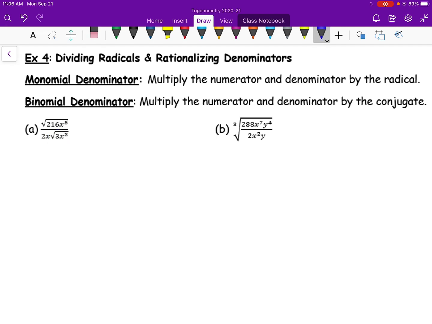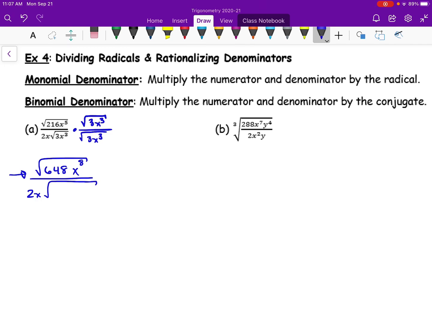So my radical, the problem radical, is the square root of 3x cubed. Going to multiply like we did in the previous example. 216 times 3 is 648. x5 times x cubed is x8, all divided by 2x.